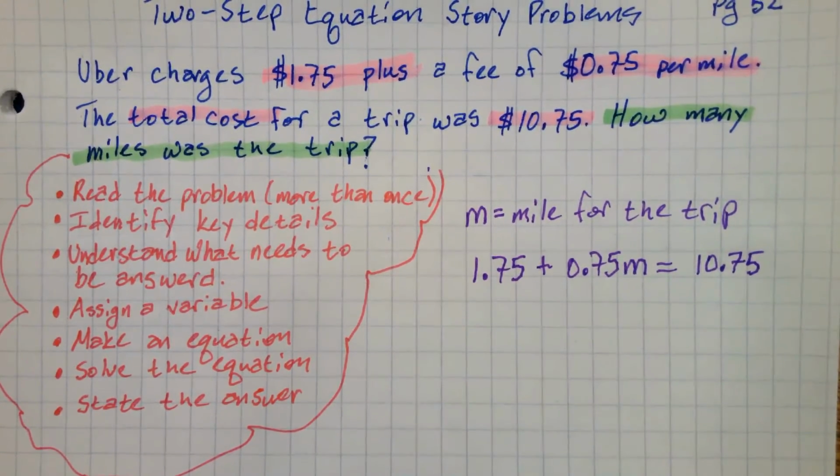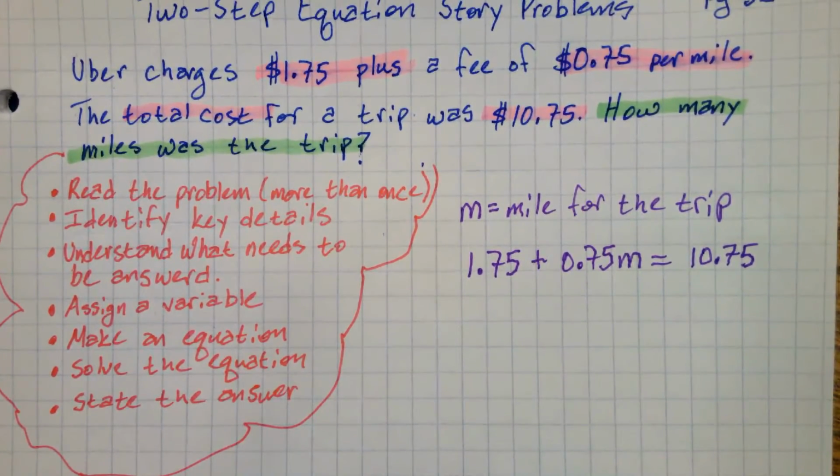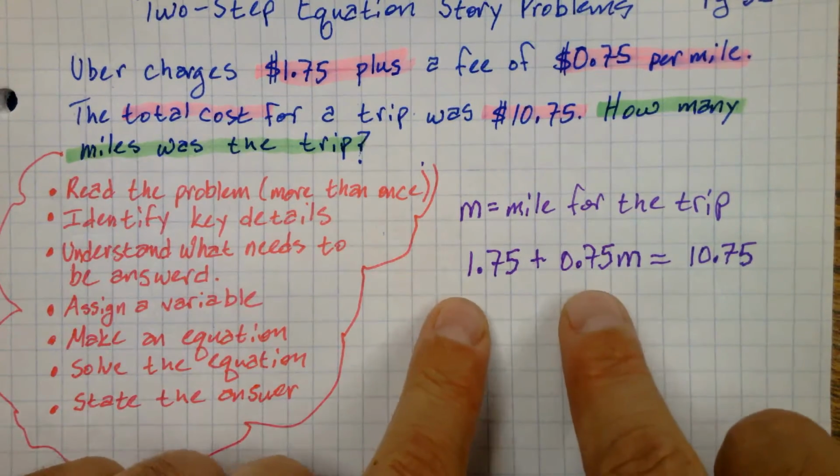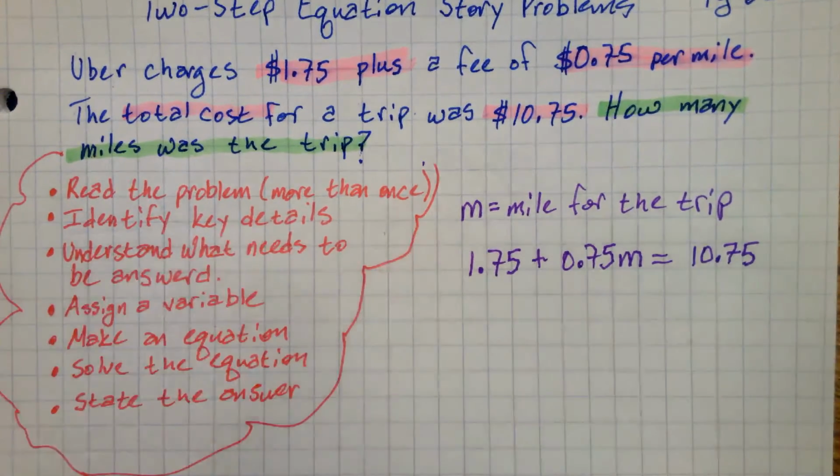So we left it in dollar form, not in cent form, and that's perfectly okay. Now, if you didn't want to deal with the decimals because they don't make you comfortable, multiply everything by 100, the decimals move out, and then you'd have 175 plus 75m equals 1075. Yeah, and that would be in cents. But you'd get the right answer either way.